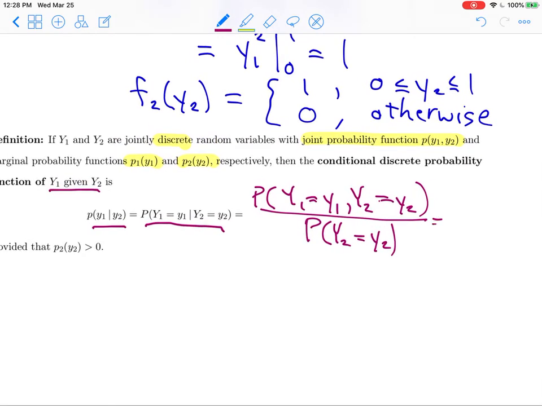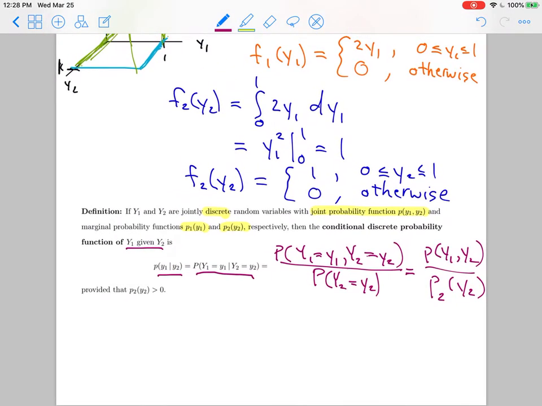So that top part is really our joint probability function, right? P of y1, y2. And the bottom part is simply that marginal probability function. So that's what we have.